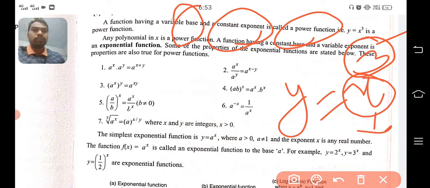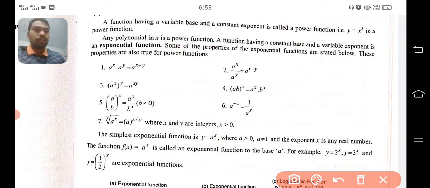Such a type of function is called a power function. Clear? Okay, any polynomial in x is a power function. A function having a constant base and a variable exponent is called an exponential function. What is the meaning of an exponential function?